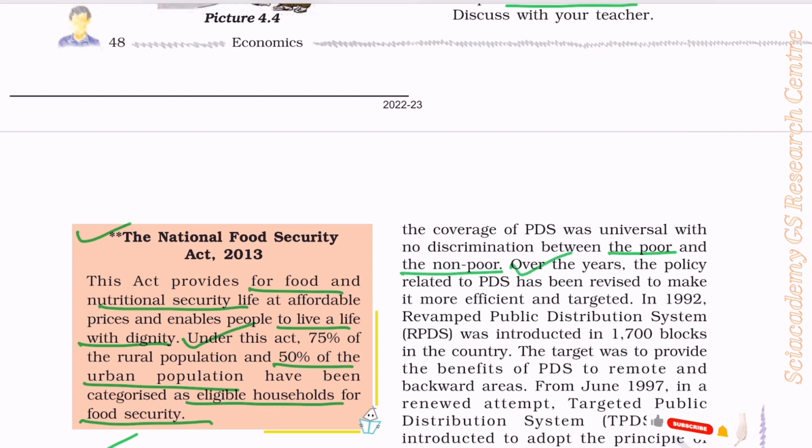Over the years, the policy related to PDS has been revised to make it more efficient and targeted. In 1992, revamped public distribution system (RPDS) was introduced in 1700 blocks in the country. The target was to provide the benefits of PDS to remote and backward areas.